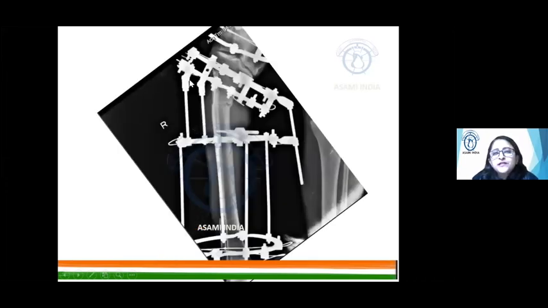So I placed the hinges at the CORA, but I did the osteotomy a little lower down. And you can see here, I have used these hinges as distraction hinges because I wanted to lengthen the tibia also along with correction of deformity. So these hinges are distraction hinges, but placed exactly at the level of CORA.